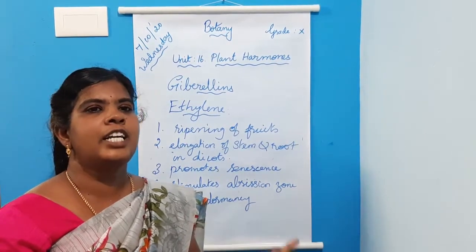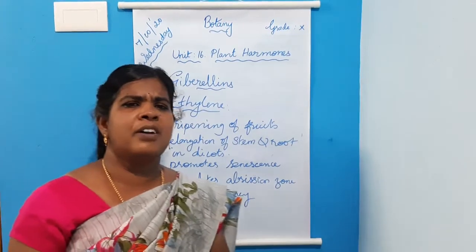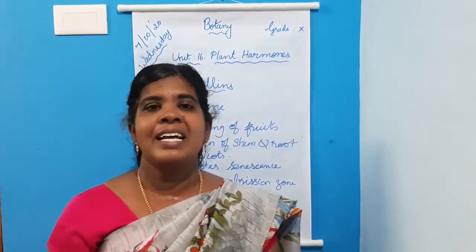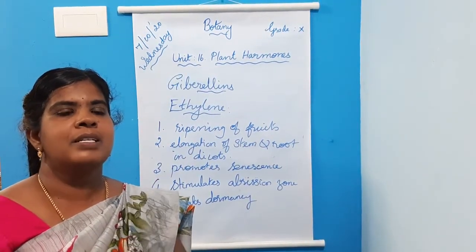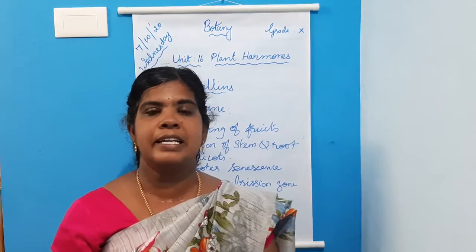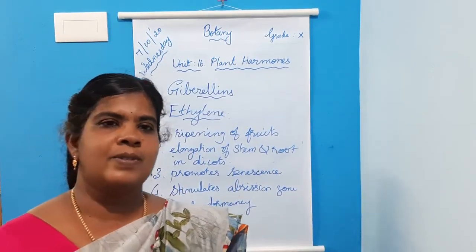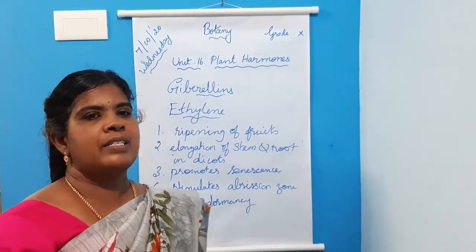Which hormone induces cell division? Cytokinin. What is called morphogenesis? Formation of new organs from the callus in plant tissue culture, that is morphogenesis. What is the Richmond-Lang effect? Application of cytokinin delays the process of aging in plants, that is called the Richmond-Lang effect, isn't it?